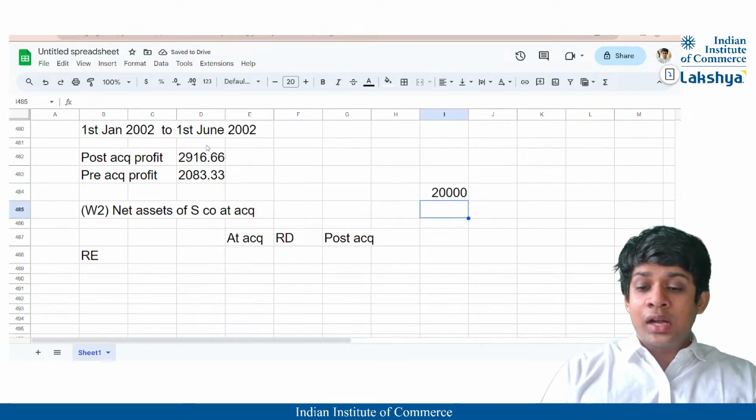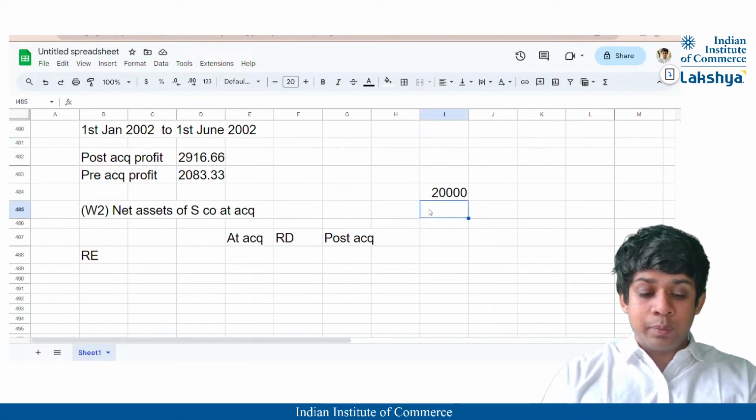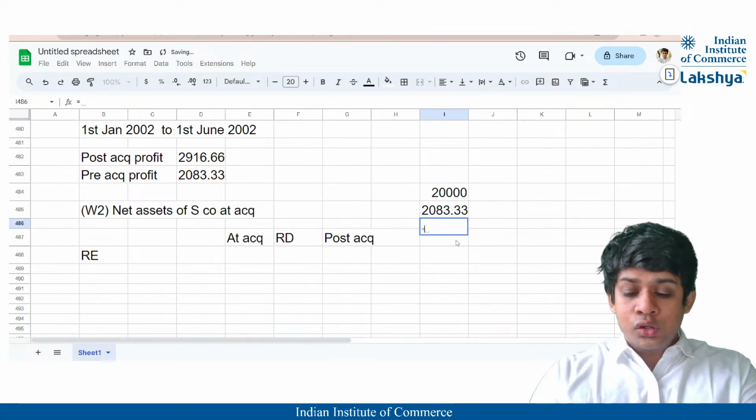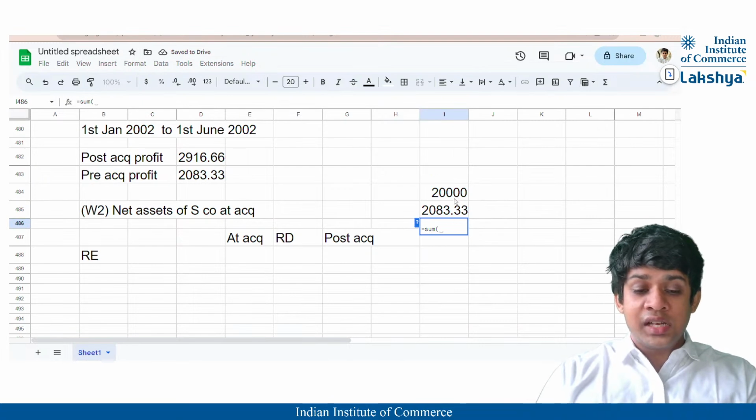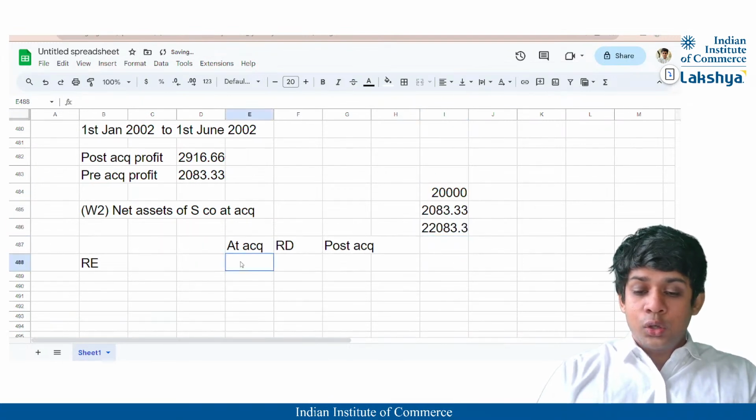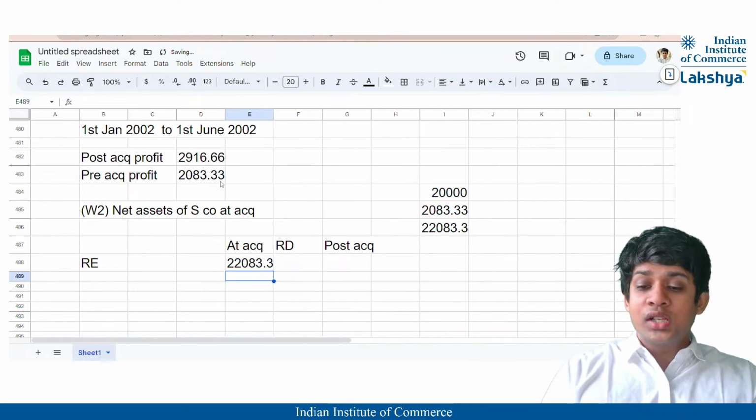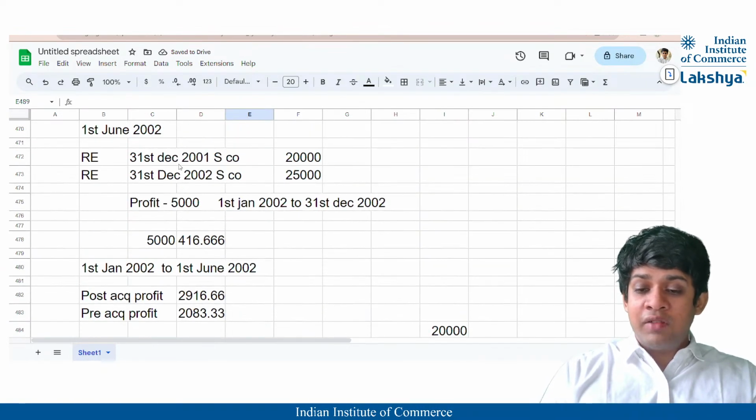Plus, we acquired the company on 1st June. So from 1st Jan 2002 to 1st June 2002, whatever the profits are, that is how much? 2083. That is also pre-acquisition profits, correct? So the total pre-acquisition profits is nothing but 22,083. Correct, guys? Because this was the profit at the previous year end, 20,000, right?